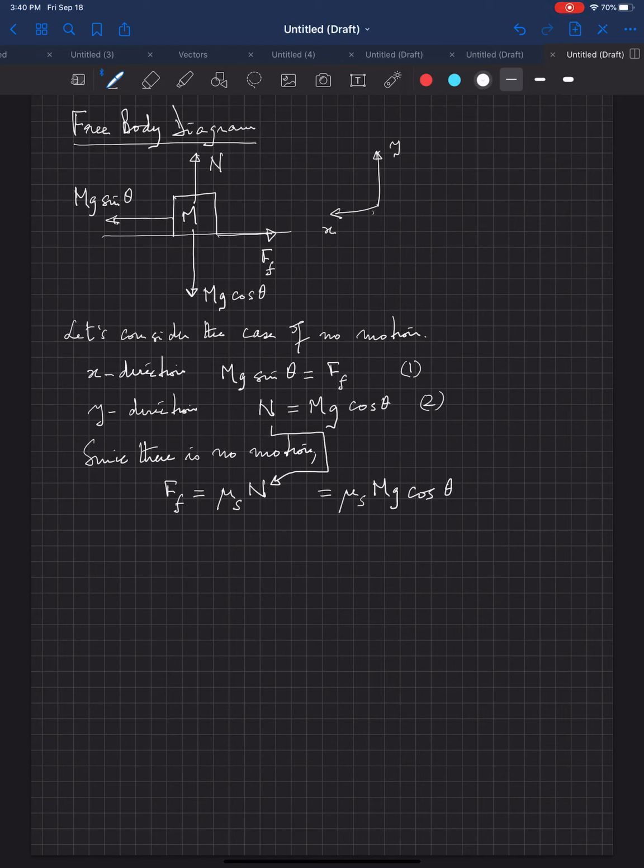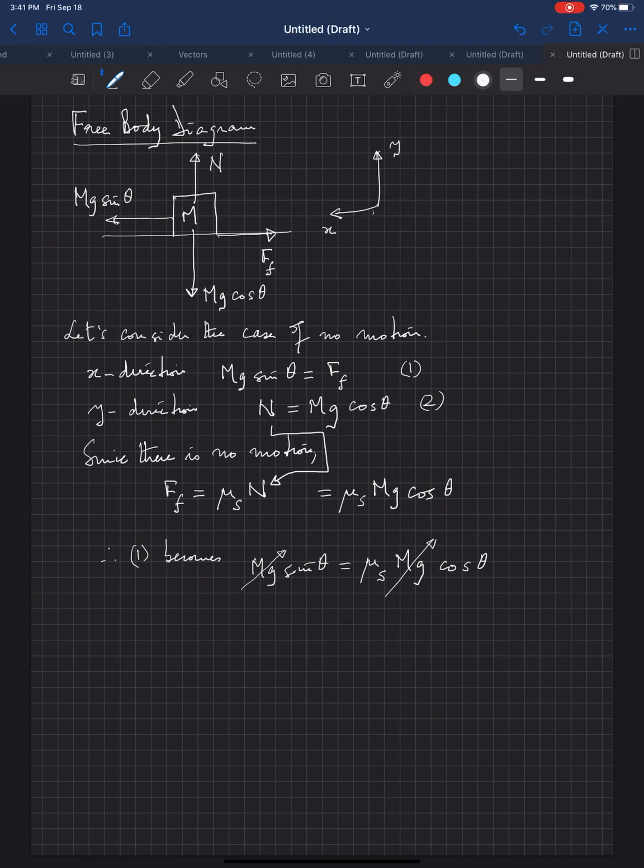All right. So therefore, equation 1 becomes the following. It's mg sine theta, which is equal to Ff, but friction is mu s mg cosine theta. All right. And what you notice is that there is an mg on the left side, there's an mg on the right side, they disappear.